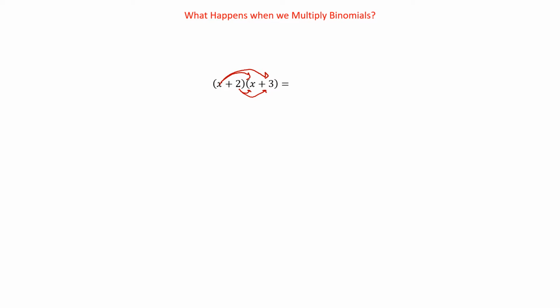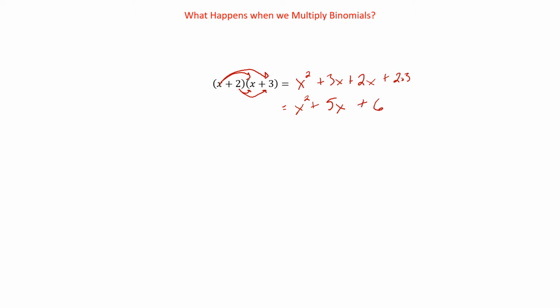This gives us x times x, which was x squared, and then x times 3 is plus 3x, and then 2 times x is plus 2x, and then 2 times 3. I'm going to actually write that as 2 times 3 for the moment, because then we combine our like terms, and we get x squared plus 5x plus 2 times 3 was 6.